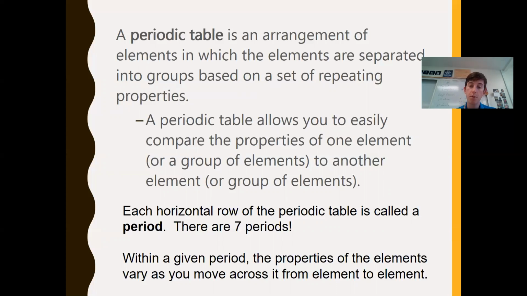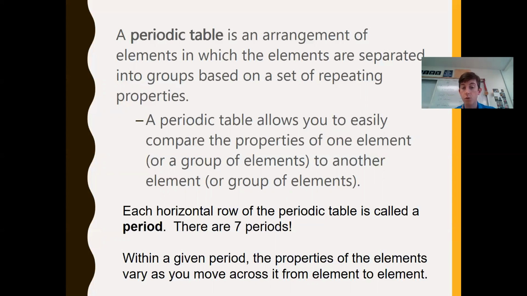So you can compare these properties easily because the columns are families or groups, and they have the same properties. So for instance, sodium and potassium act similarly. So you kind of go down the row, and then when you get back to potassium, you have the same column again. So it periodically repeats with the properties.